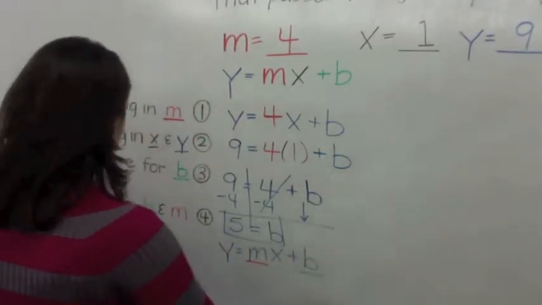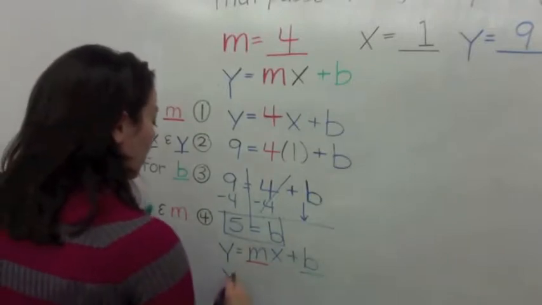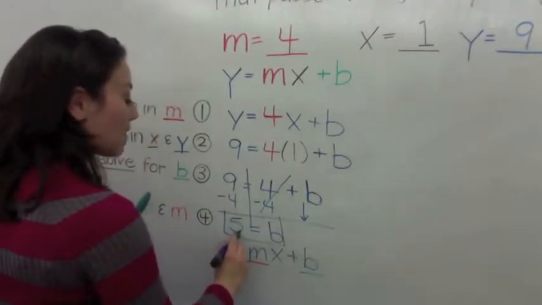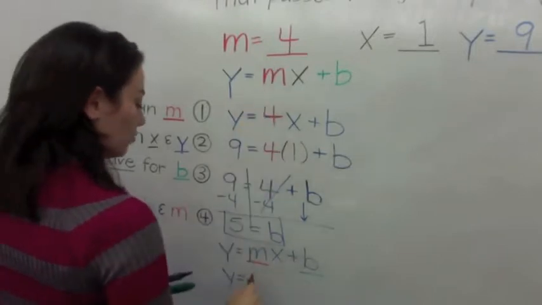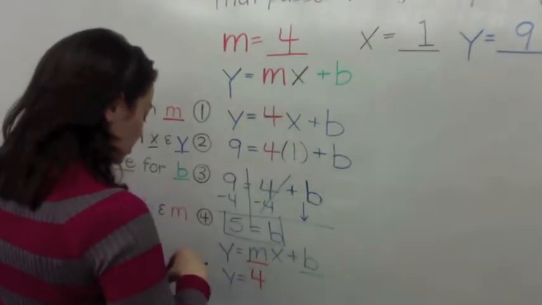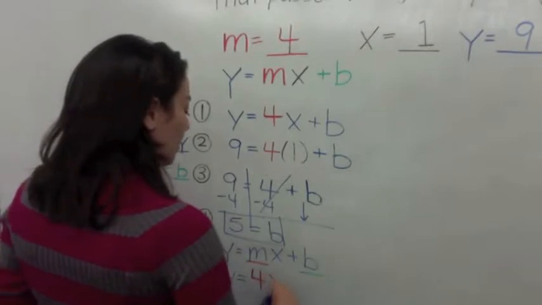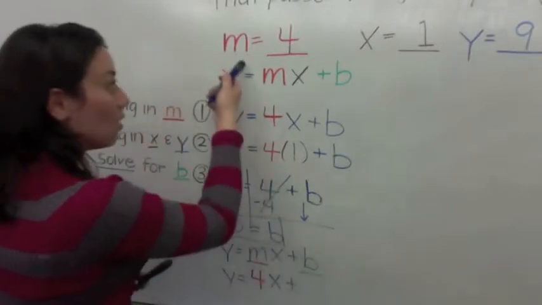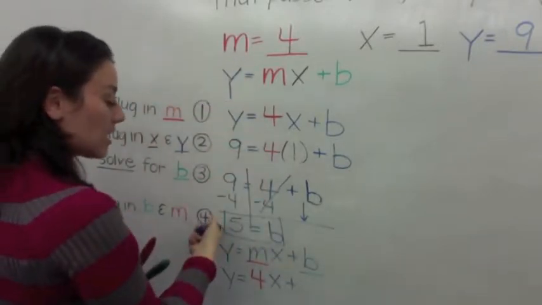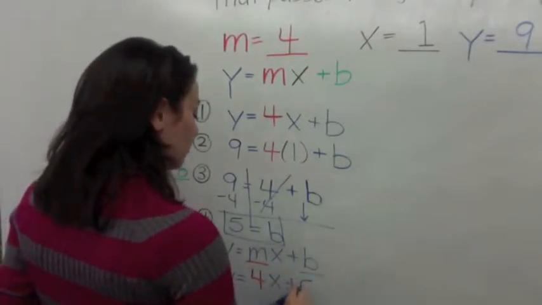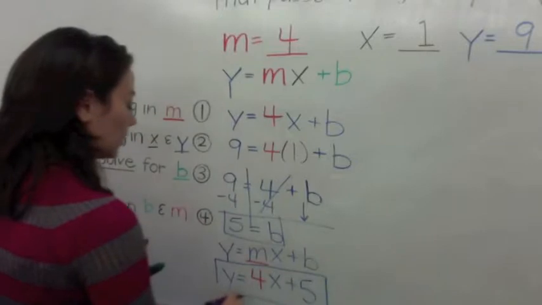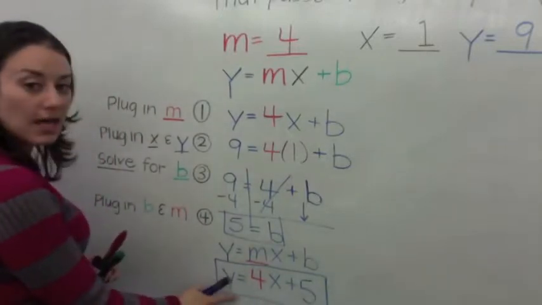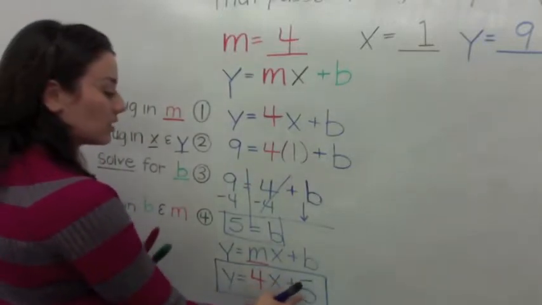So we say y equals, what's m? M is 4. So you say y equals 4x plus what is b? B is 5. Okay, so you're going to put a box around this equation. Read this equation with me. Y equals 4x plus 5.